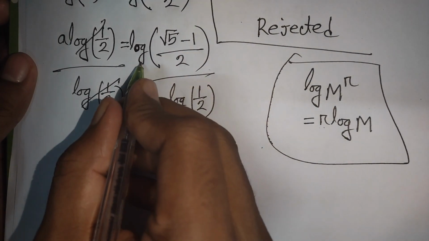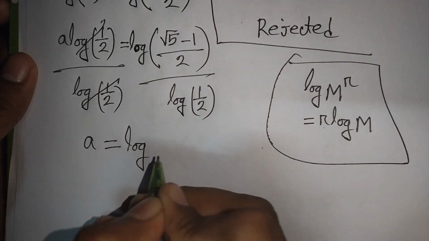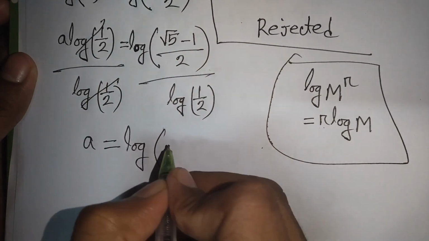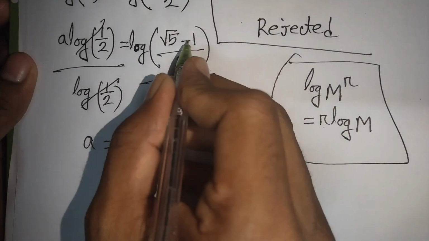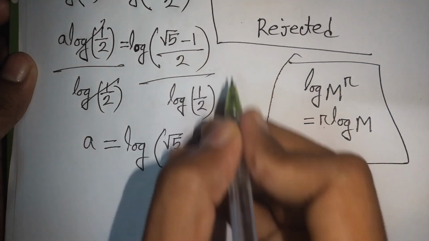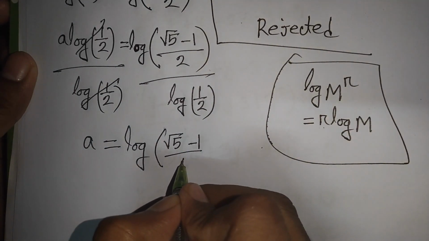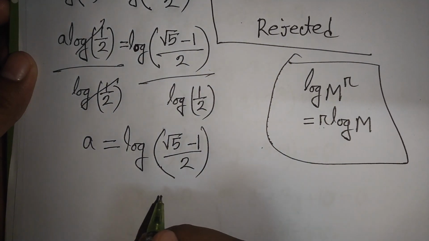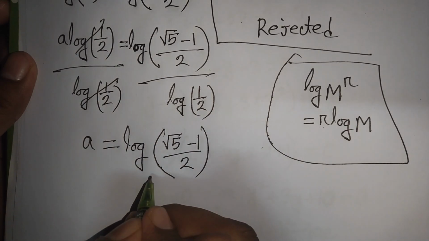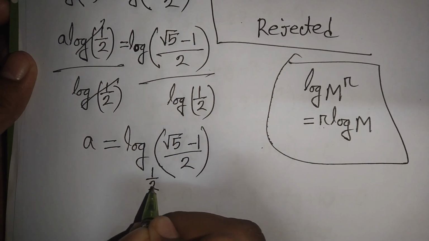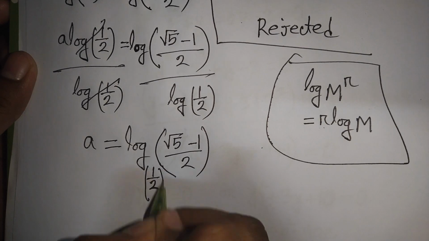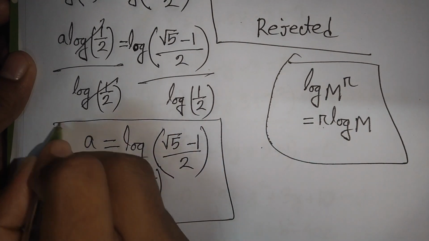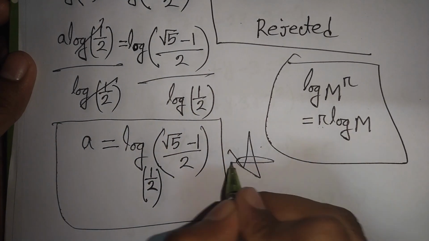That means it will be log of (square root of 5 minus 1) over 2, with base 1 by 2. So this is the value of a. So this is our final answer.